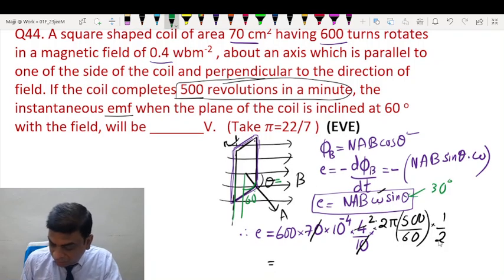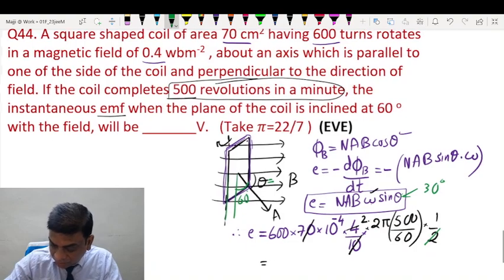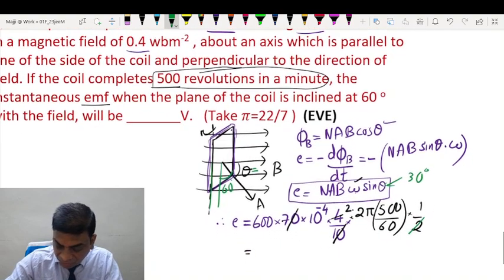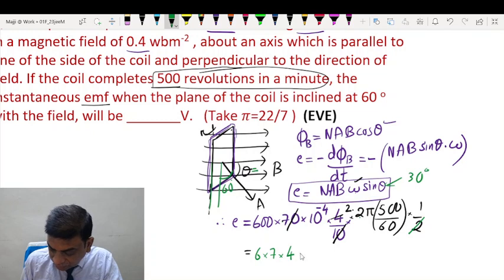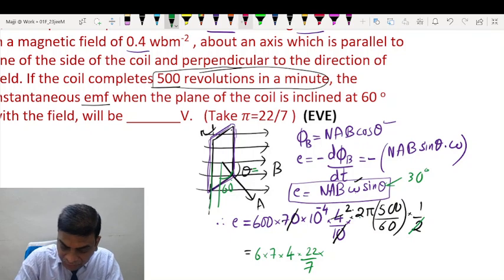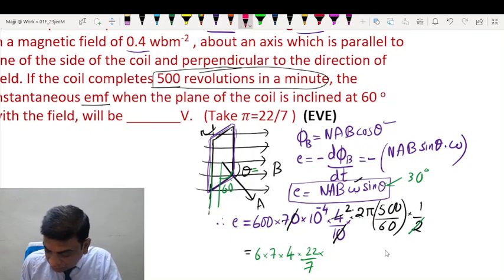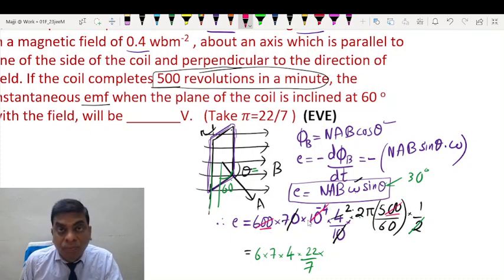So this 2 and 2 get cancelled here. Then we are left with what? Let us calculate quickly. Let us separate the figures. We have 6, then we have 7, then this 2 and 2 are there, so 4 is there. Pi is 22 by 7. Then this 2 zeros and 2 zeros are 4 zeros. 10 power 4 and 10 power minus 4 get cancelled here.